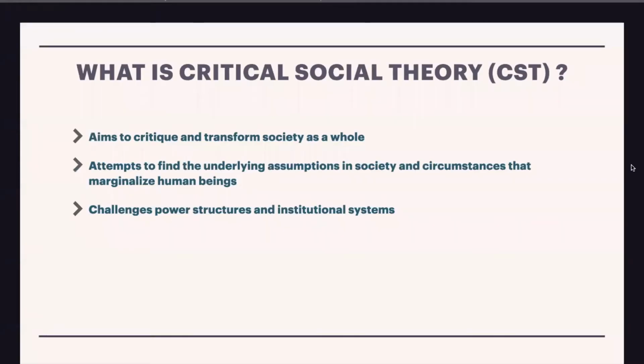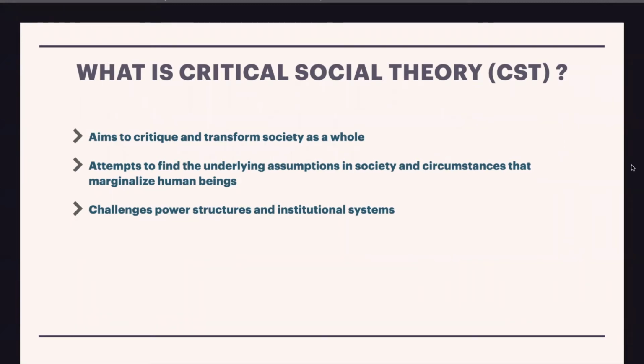So to start off, what is critical social theory? I found through my research that there were three key points addressing this idea. The first one: the aim is to critique and transform society as a whole. The second one, more specifically, finds the underlying assumptions and conditions that are at the foundation of society, and it identifies the circumstances that marginalize human beings.